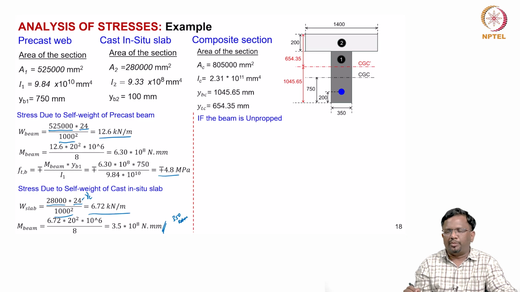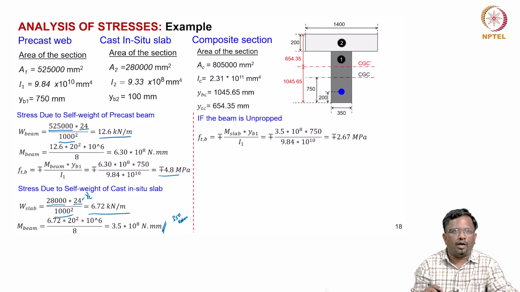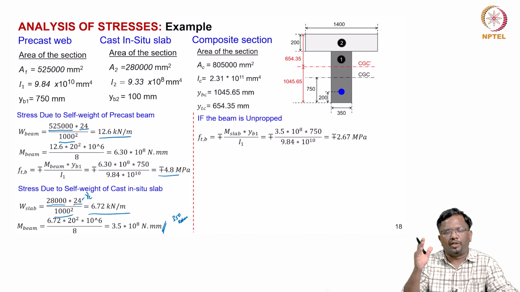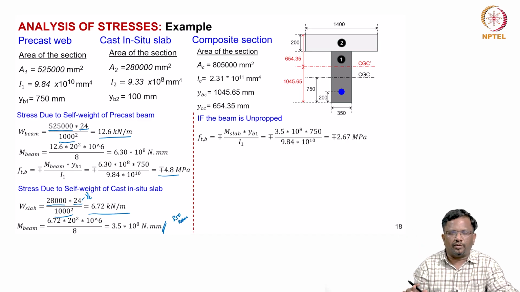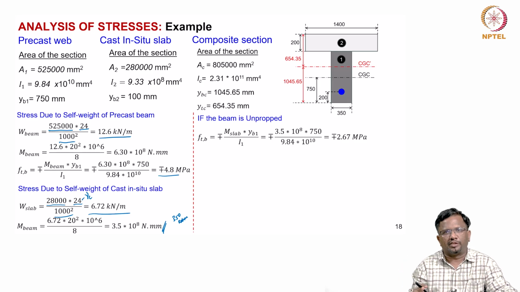If the beam is propped, the only difference is going to come in how this self weight of the cast in situ slab is being resisted. We have seen that if we provide an adequate number of props, there is better composite action. As the concrete hardens, it develops composite action quickly. The moment I remove the props, it is going to transfer the load as a composite section, right.